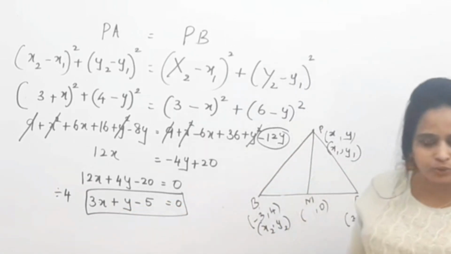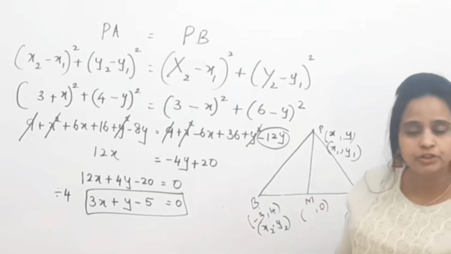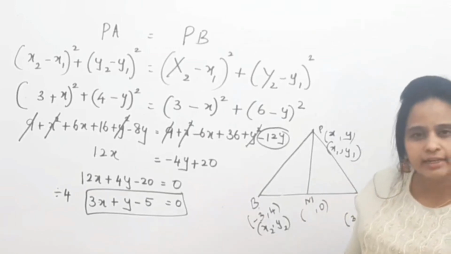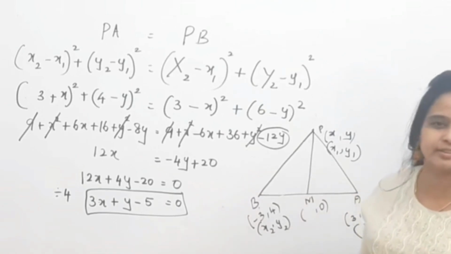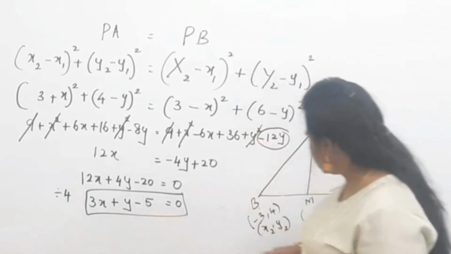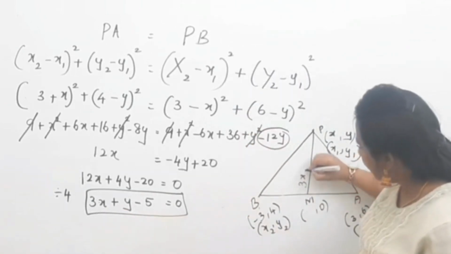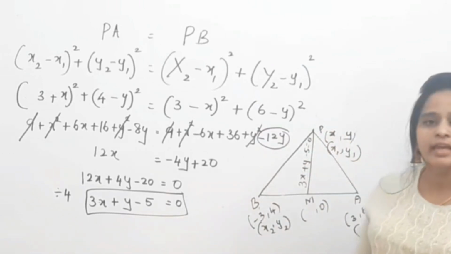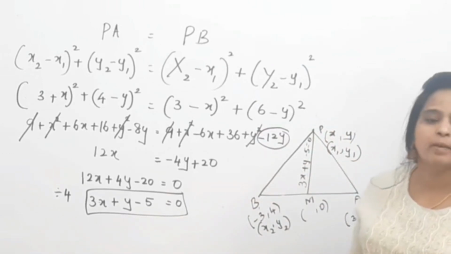That's what I told you. Come and do it part by part, stepwise. That's what matters. So 3x plus y minus 5 equal to 0 is my equation of the perpendicular plane.